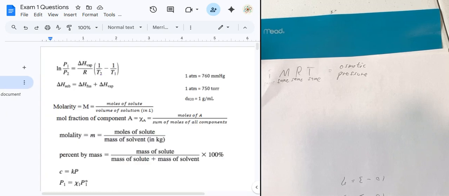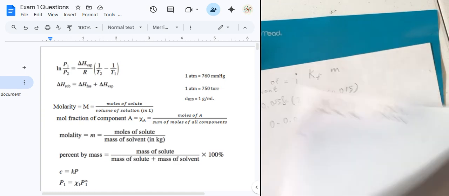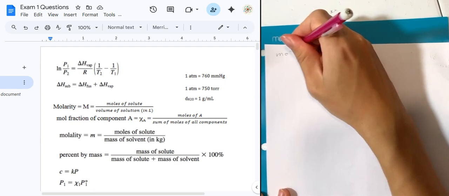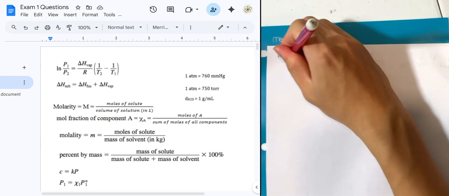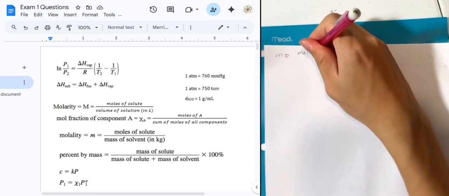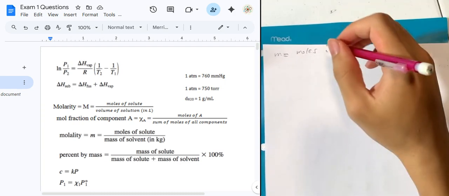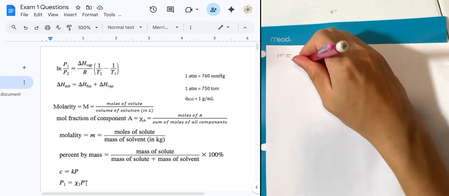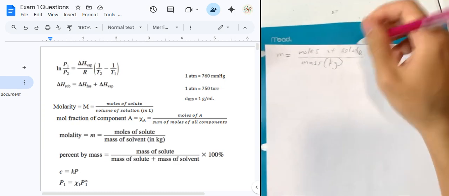And molality is the moles of solute over the mass of solvent in kg.